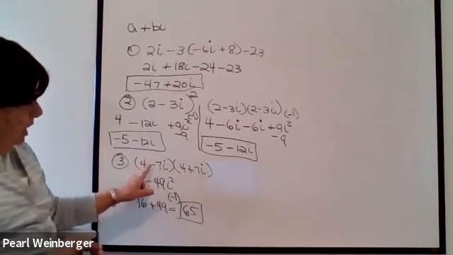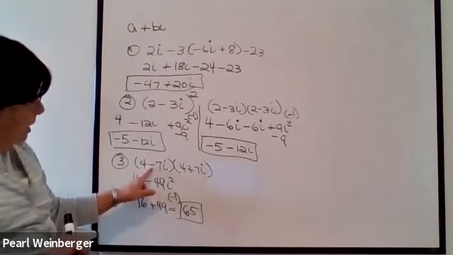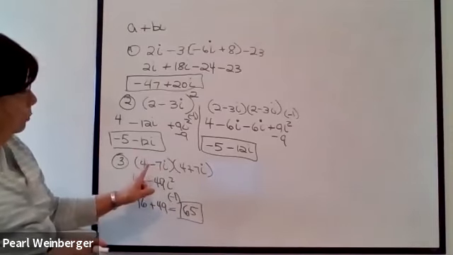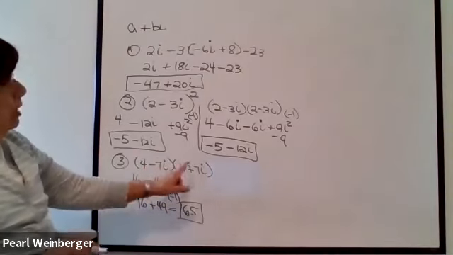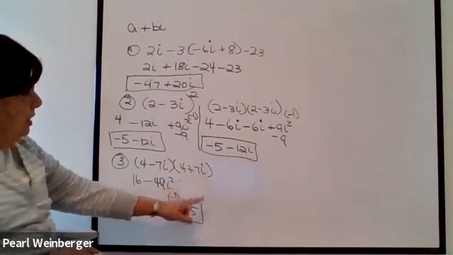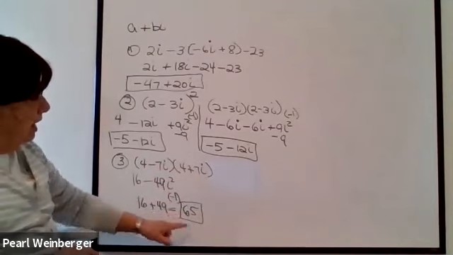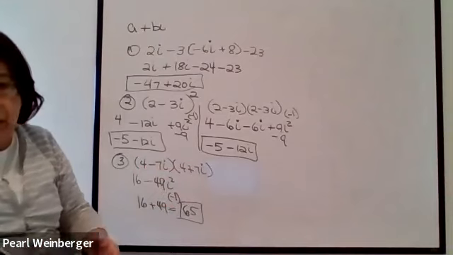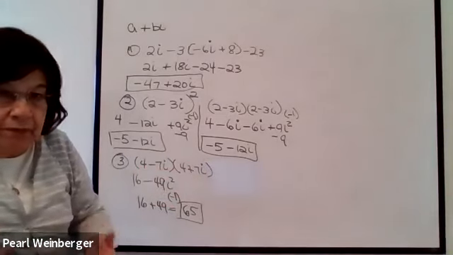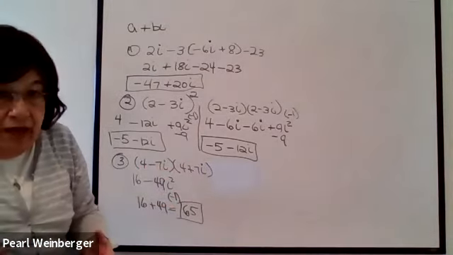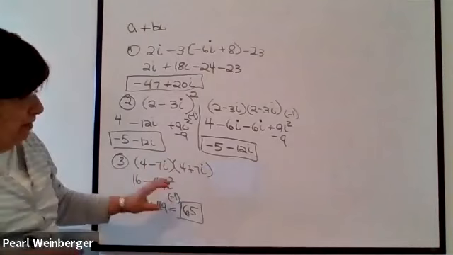It always happens when you multiply a complex number by its conjugate, the answer will not be a complex number, it'll be a real number. Now, reals are part of the complex numbers, but it's simpler than a complex number. It doesn't have any i's in it.